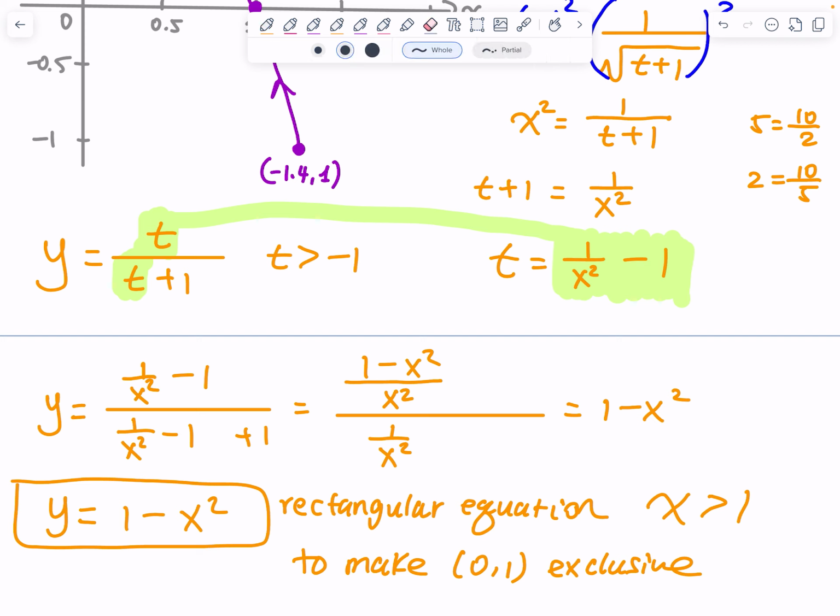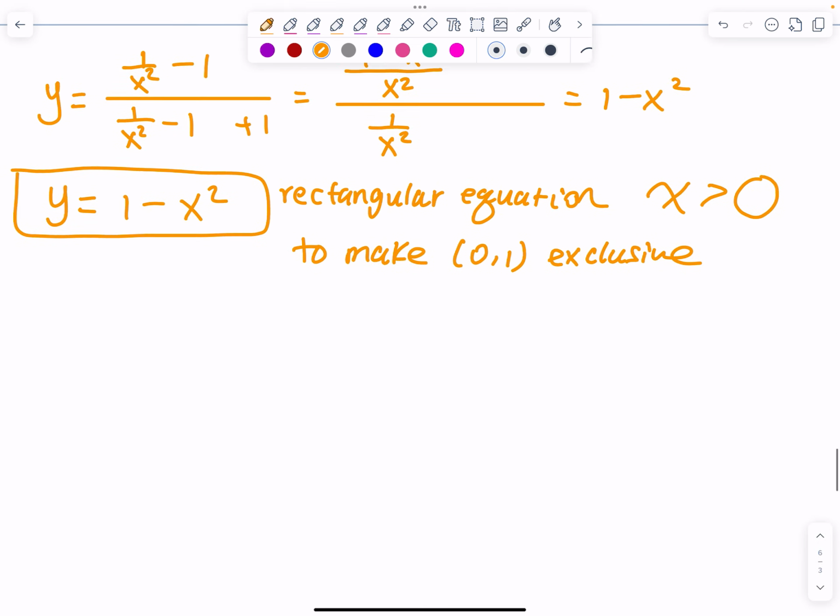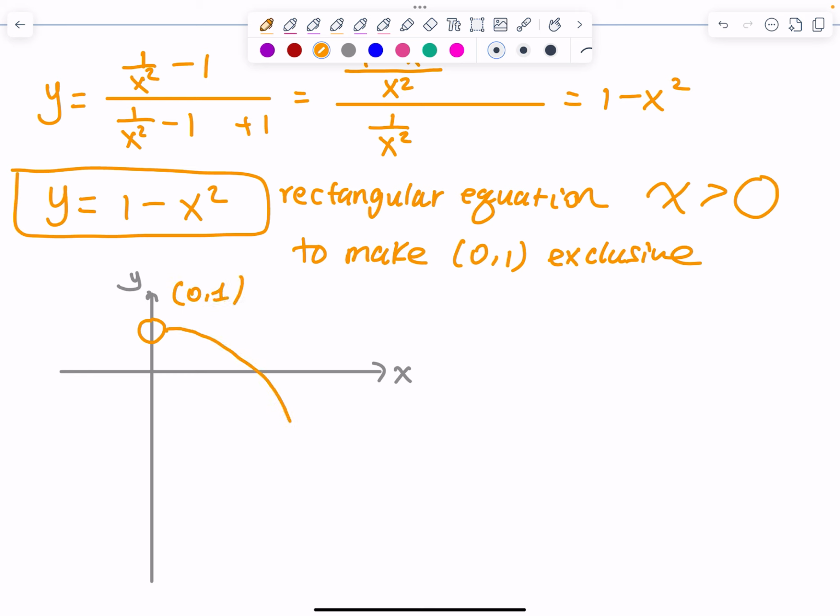To get the same graph, no. I'm glad that I checked this now. x is greater than 0, because that is how you make the same exclusive point. This is x, and this is y. So you should have an open circle right here. This is 0, 1, and then it goes down like that, and this is at 1, 0. The point 0, 1 is exclusive. We must make x greater than 0, not x greater than 1. That was my mistake. Okay, so now everything is fixed.